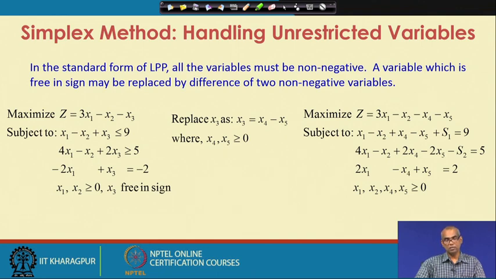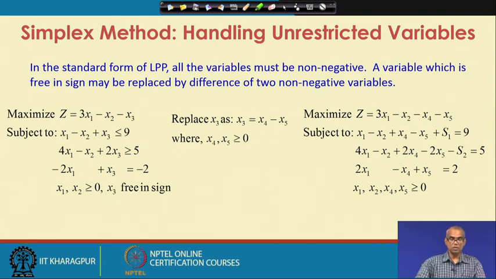When you formulate a linear programming problem from the statement of the problem or analysis of the physical problem, you can find that there are certain variables which can take both positive and negative values. That means they are free in sign. But in the standard form of the linear programming problem, all the variables must be non-negative.